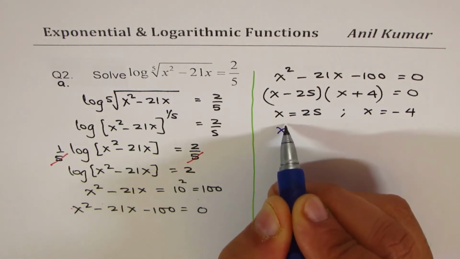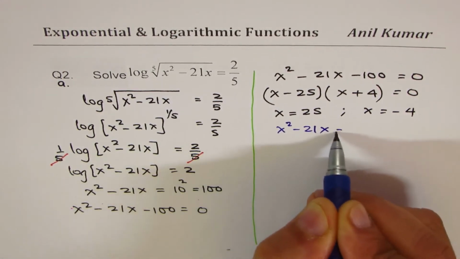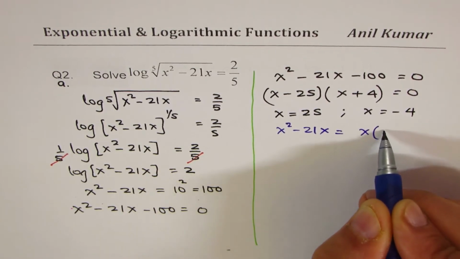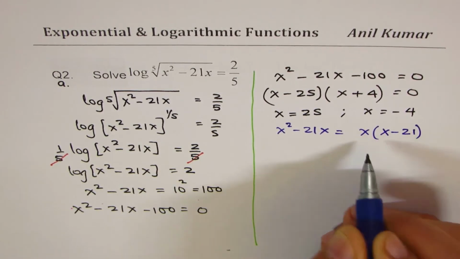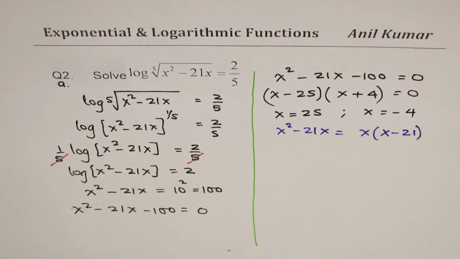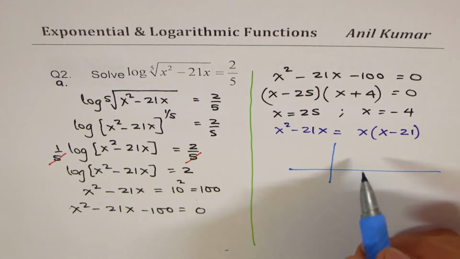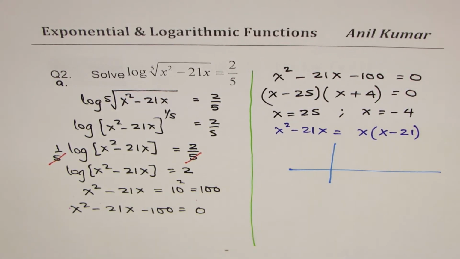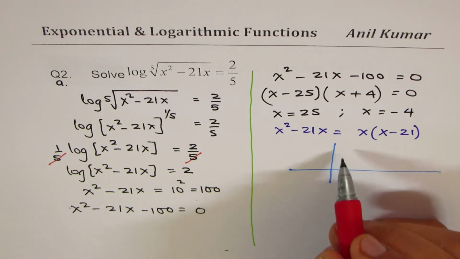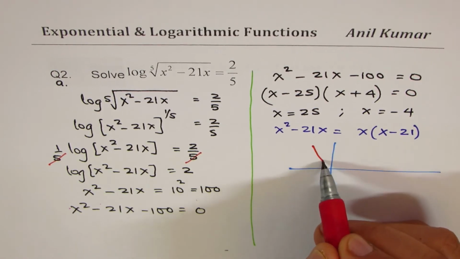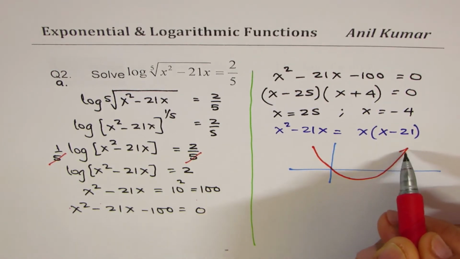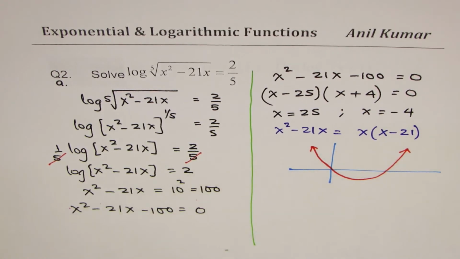So we have x squared minus 21x, which could be written as x times x minus 21, correct? So this is basically a parabola where the graph will be like this. One root is there, one root is there, right?